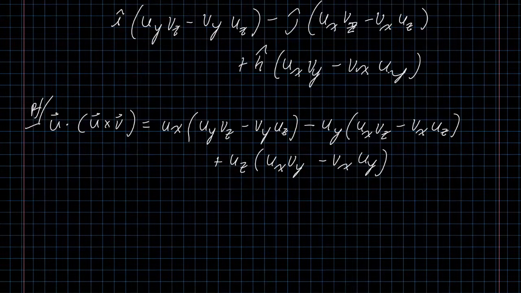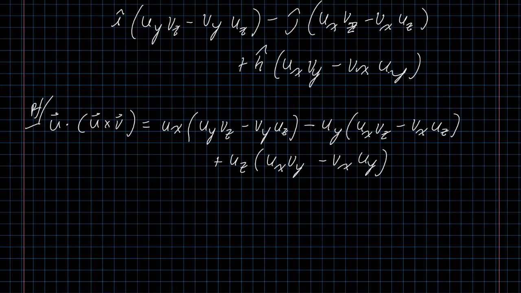And I'm going to rearrange this as I distribute so that I always have x, y, z, and I always have u before v. I think that everything has exactly one x, exactly one y, exactly one z, and it's just a matter of whether it's u or v.